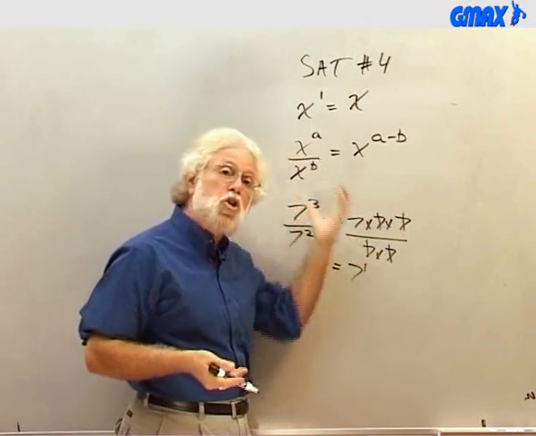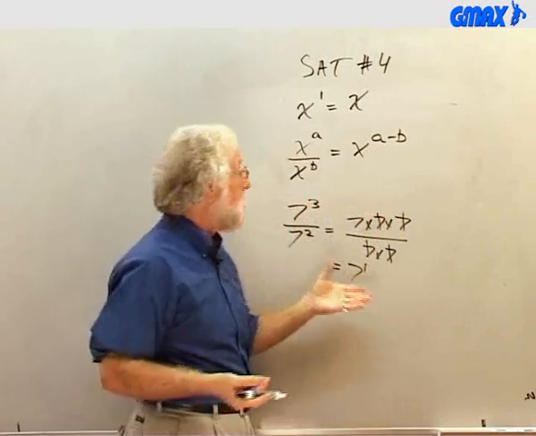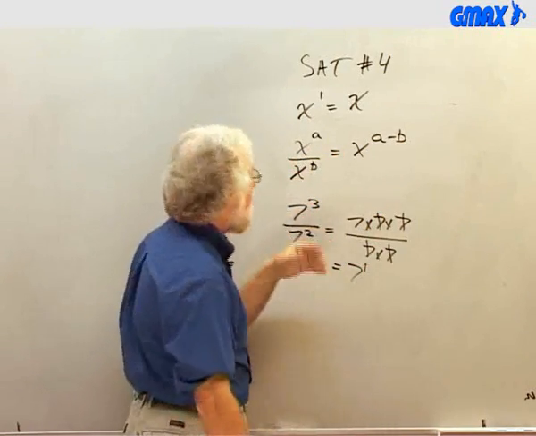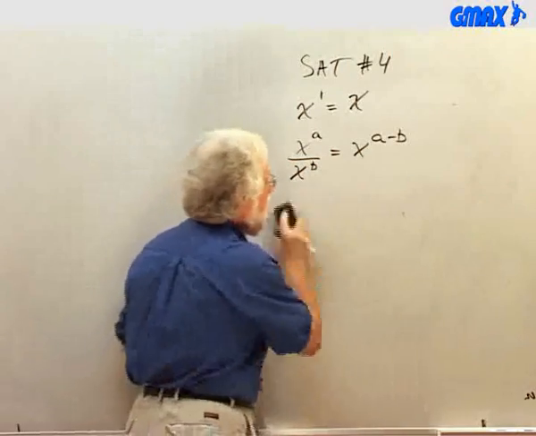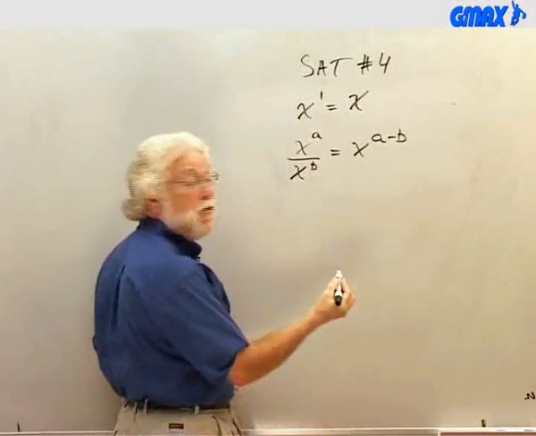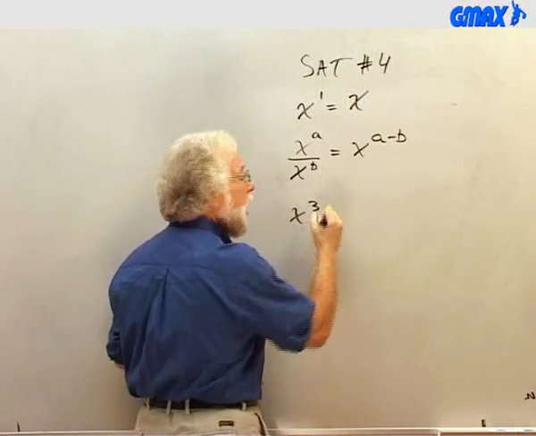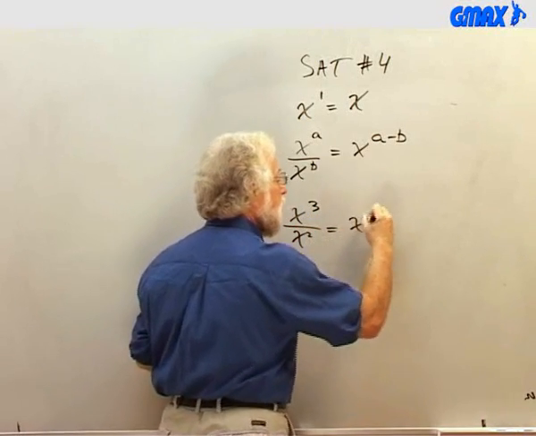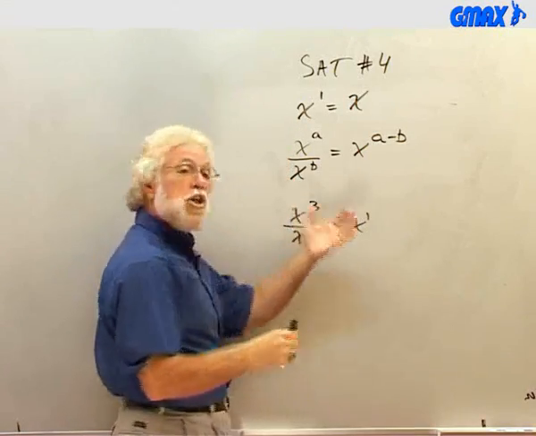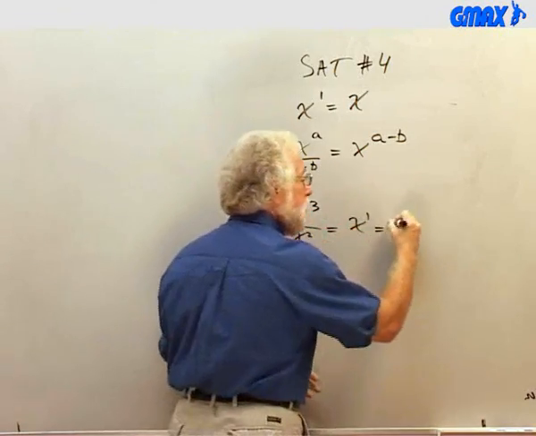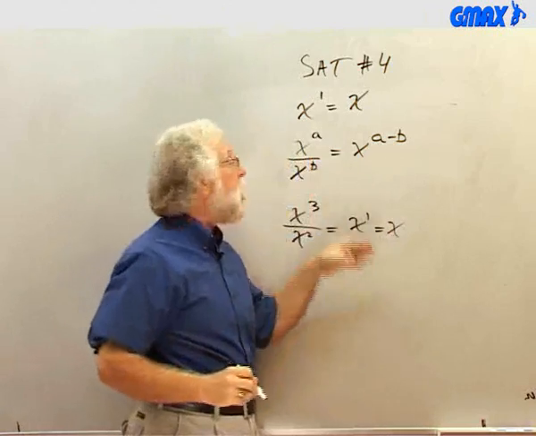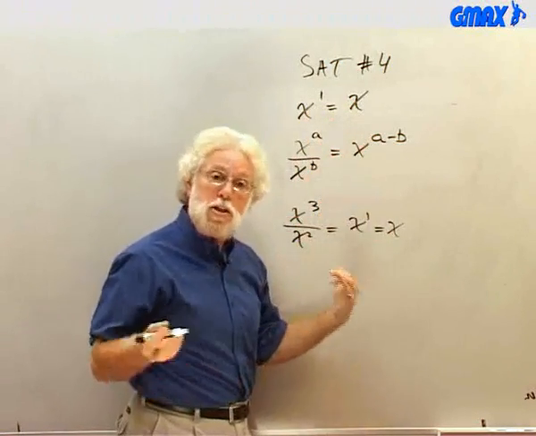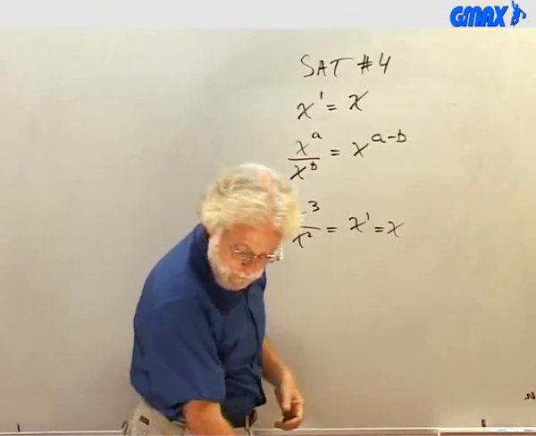But now we can actually show exactly what is going on. So if we had, for example, x to the 3 over x to the 2, that would be x to the 1. And as I showed you before, that's the same as x. Anything to the power 1 is that number.